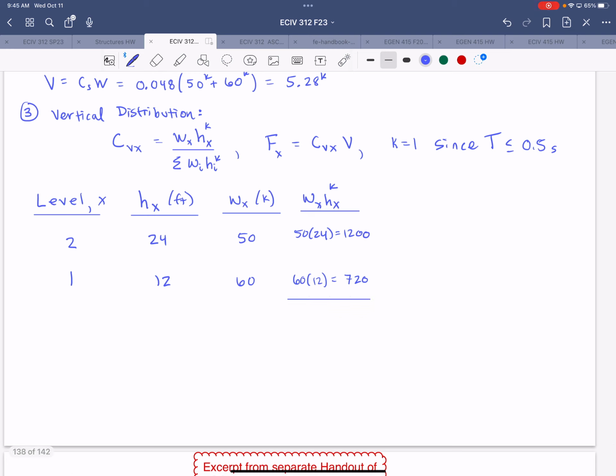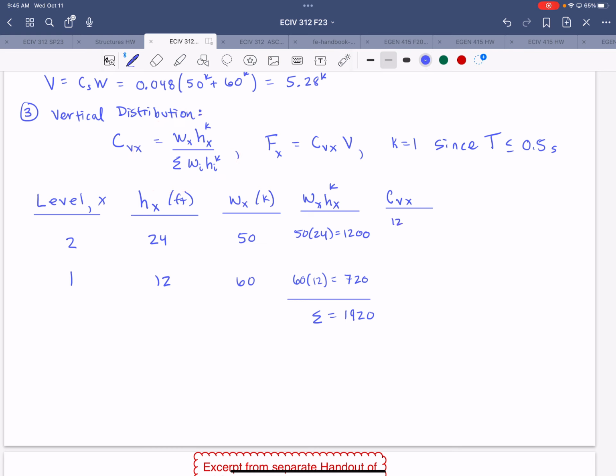We also need the summation of that product for the denominator, right? So the summation is 1920. Then we can calculate the CVX value using this equation right here.